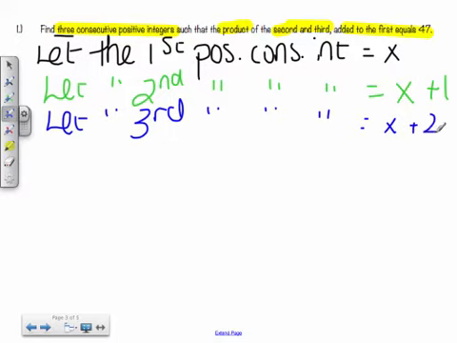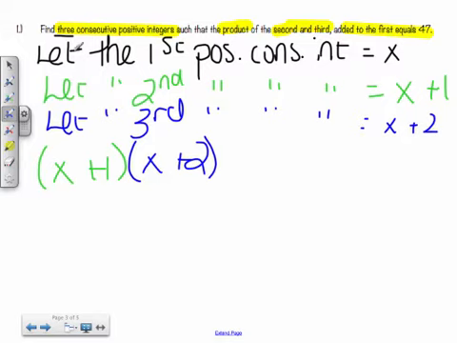All right, then I'm just going to write exactly what it says. Find 3 consecutive positive integers such that the product, which means multiplication, of the second and the third. So I'm going to take my second integer, which is x plus 1, and my third integer, which is x plus 2, and I'm going to multiply them.